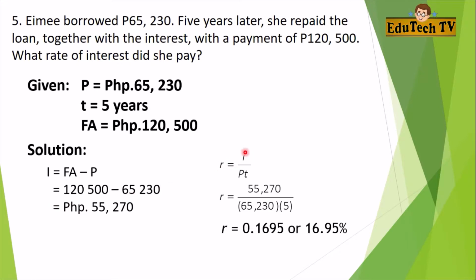So that's R equals I over PT. The interest is 55,270, then the principal is this one, and the term of the loan is 5 years. Just calculate this to come up with 0.1695. Take note that in this course, we're going to have 4 decimal places. Then convert it to percent because rate of interest is 16.95%.